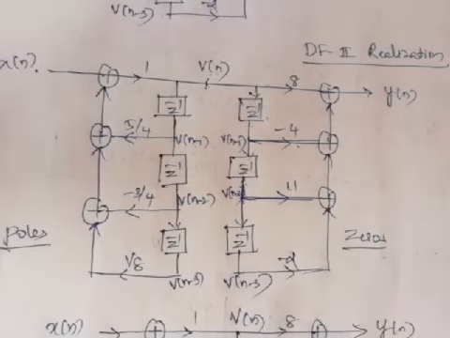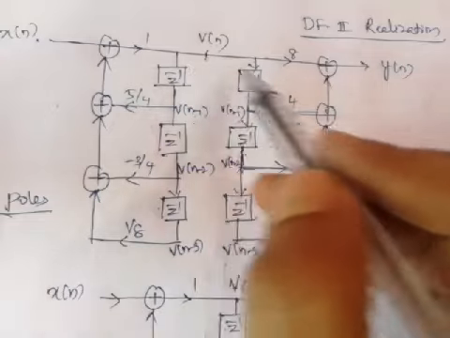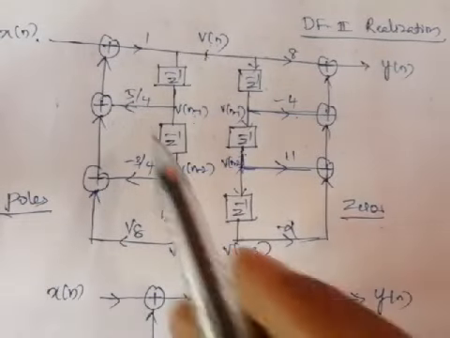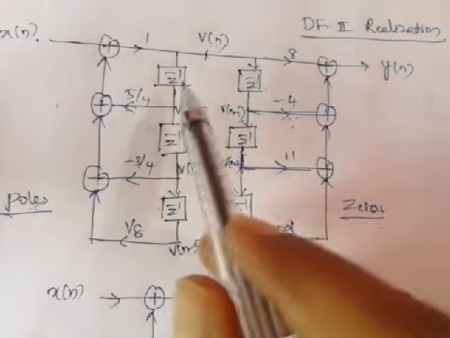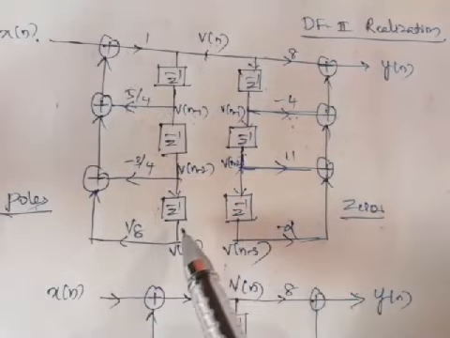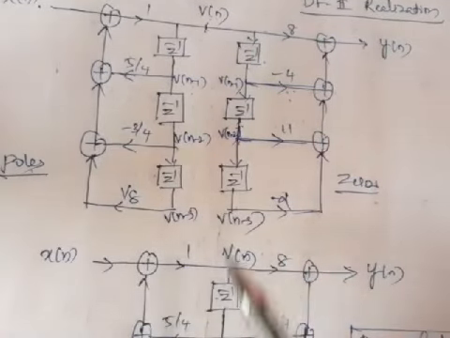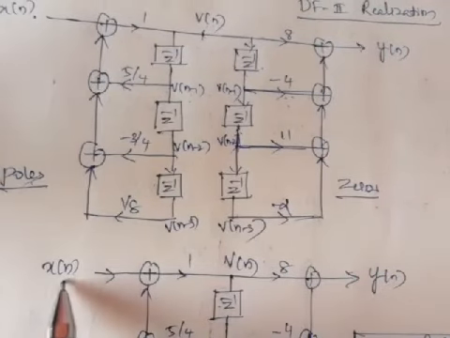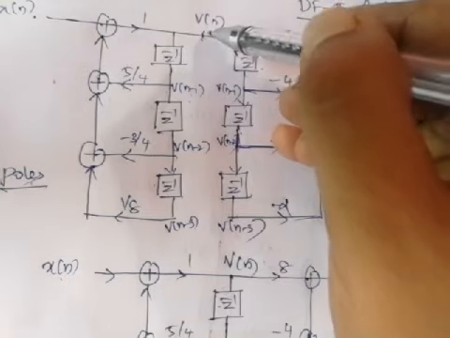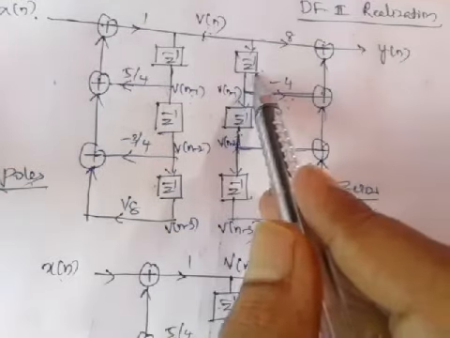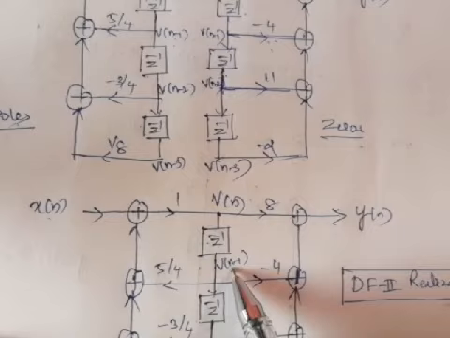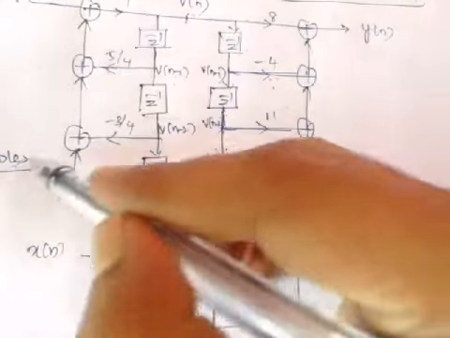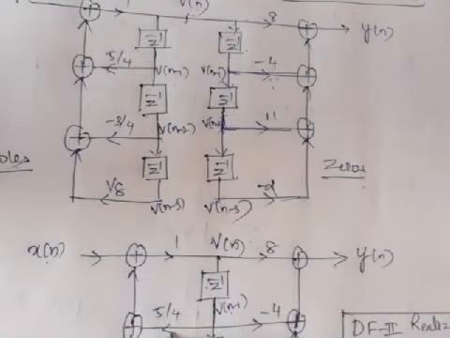Because of that reason, I am taking the delay element common here. Coefficient terms are different for the pole system and zero system, but the delay operation is the same: one time delay, twice delay, thrice delay. So stage wise I am going to take the common delay elements. So for this z raised to minus 1, we are getting v of n minus 1. The coefficient term in the pole system is 5 by 4.